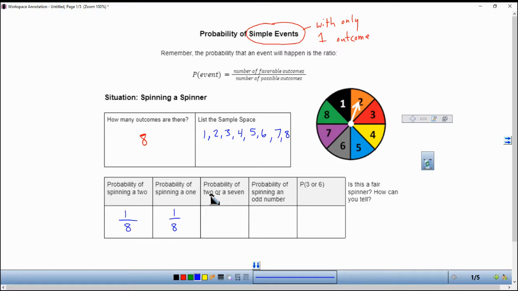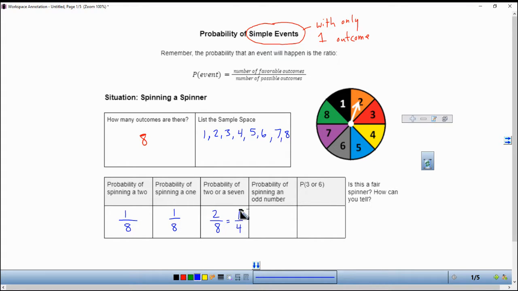The probability of a 2 or a 7? Well, if you get either a 2 or a 7, that's 2 favorable outcomes out of 8. You can also think of that, if you were to simplify it, as 1 out of 4.